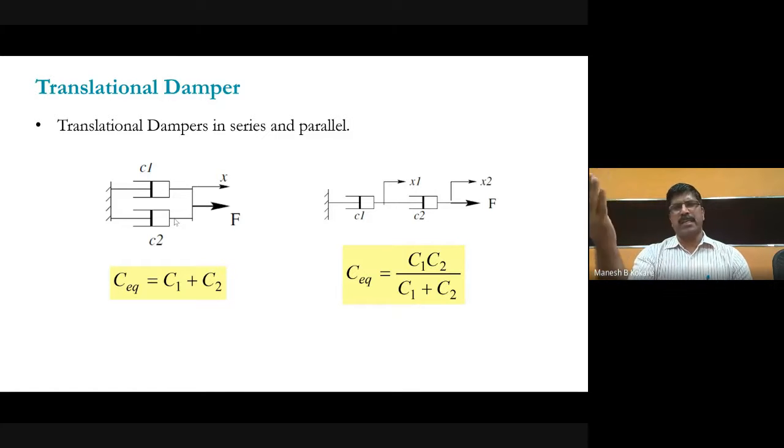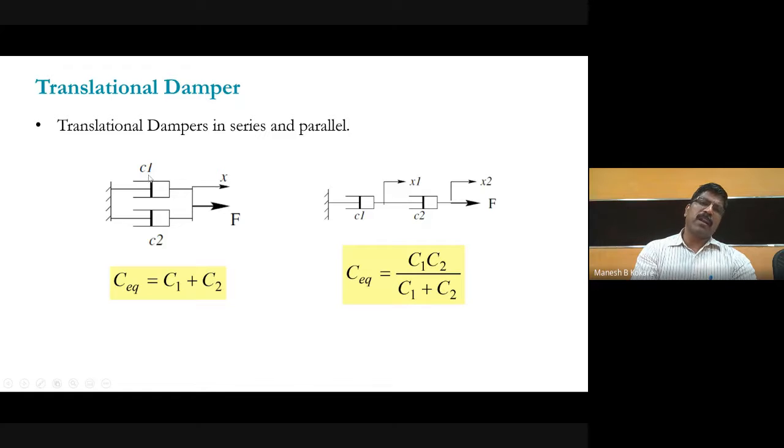It is like resistances: when connected in series, total resistance is R1 plus R2, and when connected in parallel, it is R1 R2 divided by R1 plus R2. So it is exactly the opposite relation in the case of the dashpot as well as the spring element, if you compare with resistance.